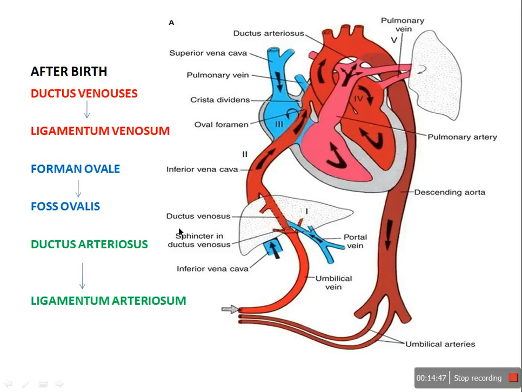Let's see what happened to the ductus venosus. What was the ductus venosus? Ductus venosus means the shortcut between the umbilical vein and the inferior vena cava. Now the umbilical cord, we will clamp after the birth of the baby. We will clamp this umbilical cord, so no more blood will pass through the umbilical vein to the inferior vena cava.